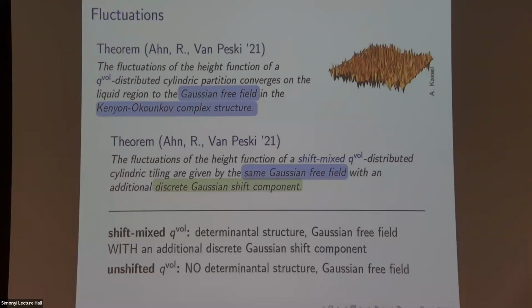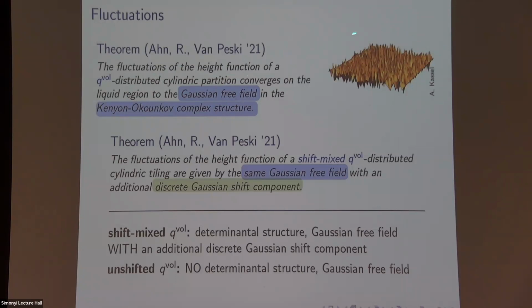And okay, here are our results. First of all, we showed that in the case of the q to the volume measure, when we deal just with the cylindric partitions which are not shifted, the fluctuations of the height function converge to the Gaussian free field, and the conformal structure indeed coincides with the one predicted by Kenyon-Okounkov.